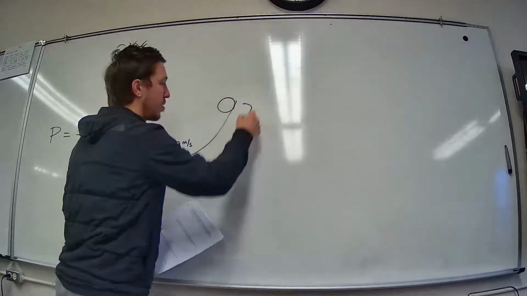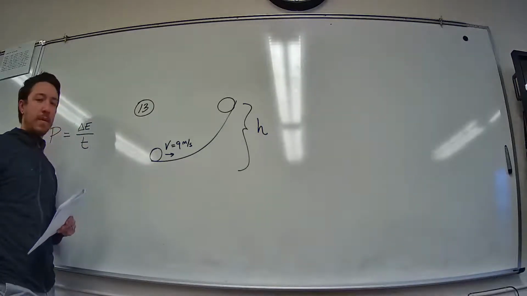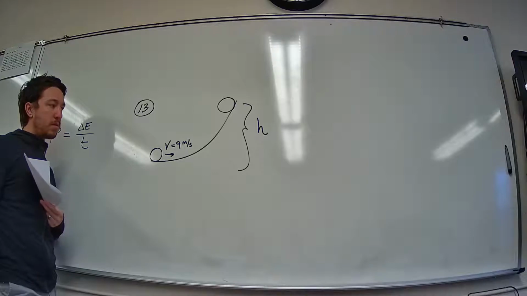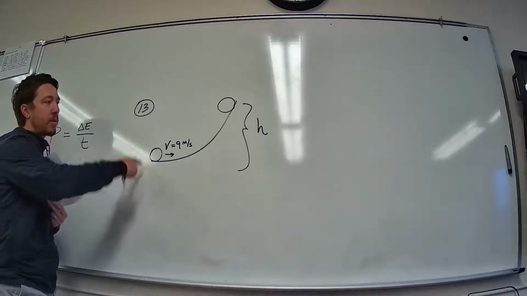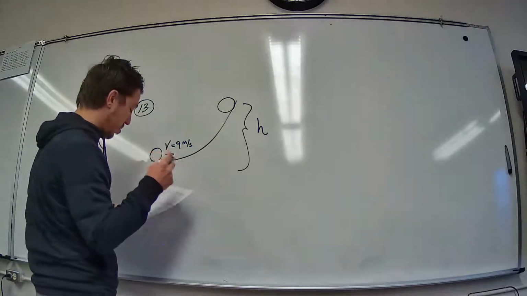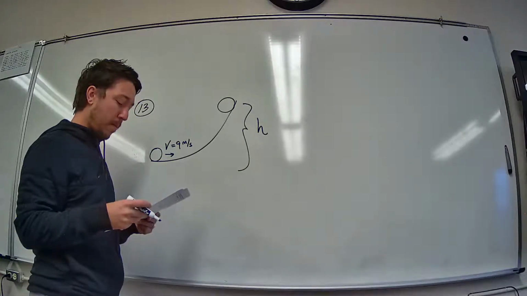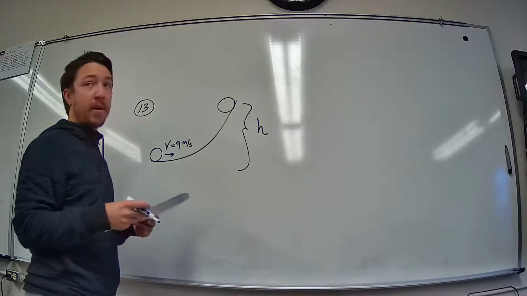So what type of argument? If this were a frictionless block, I'd say 1/2 mv squared equals mgh. But we're using energy: 1/2 mv squared plus 1/2 I omega squared equals mgh.